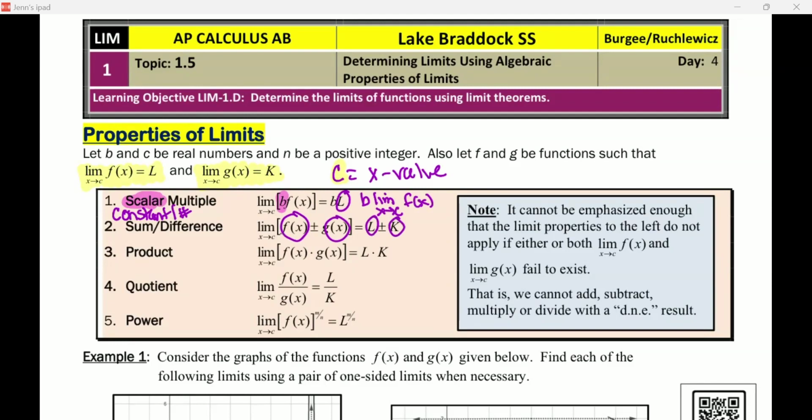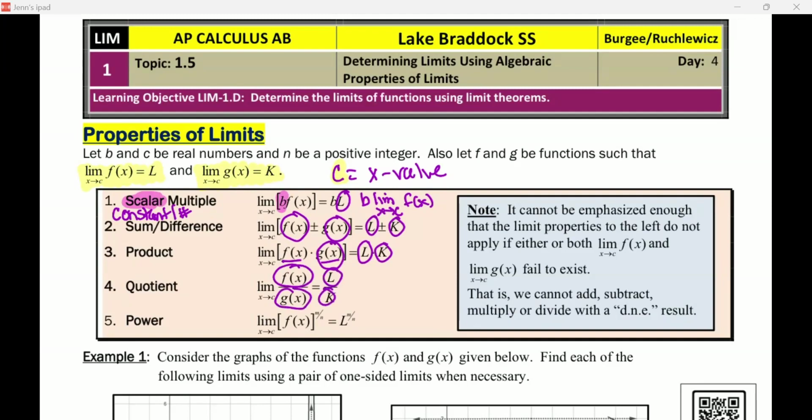Very similar for product: if I want to find the limit of a product as x approaches c, I can find the limit of f of x, which is L, and the limit of g of x, which is k, and multiply those two limits together. Same thing with the quotient rule. If I'm trying to find the limit of a fraction, I can take the limit of the numerator, which is L, divided by the limit of the denominator, which is k.